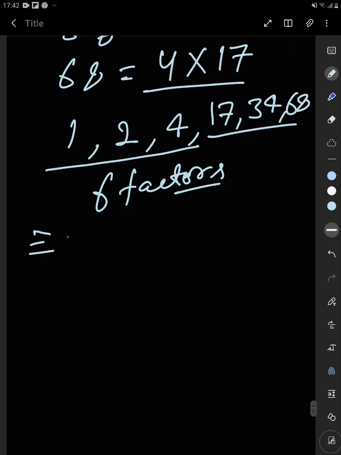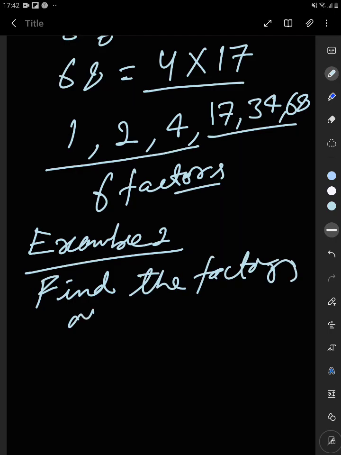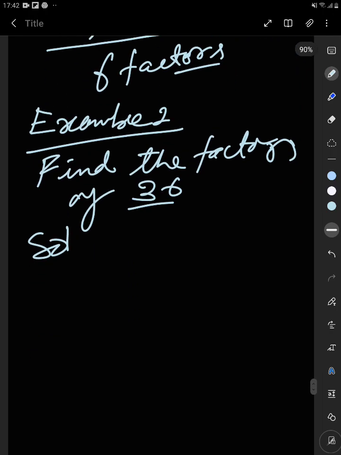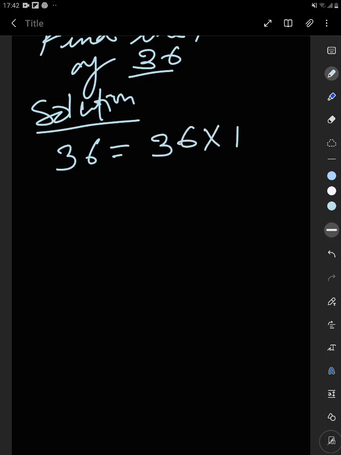Now we'll solve example number 2: find the factors of 36. First of all, we find the factors of 36. 36 is 36 multiplied by 1, so 36 and 1 are already factors.